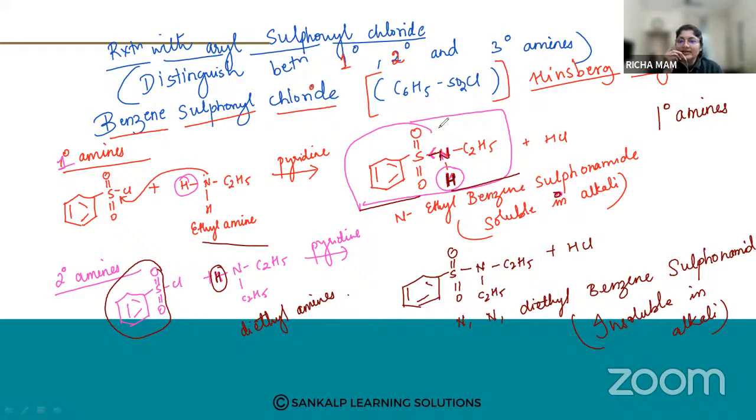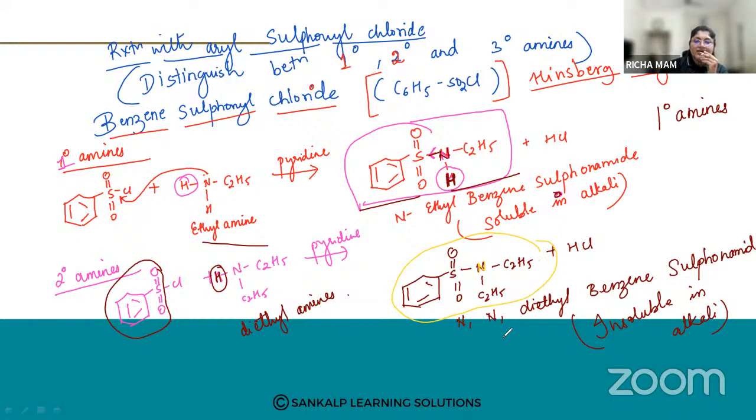Now, why is it insoluble in alkali? The secondary amines, why are they insoluble in alkali? Can you see any extra hydrogen atom attached to the nitrogen atom? No. Right.